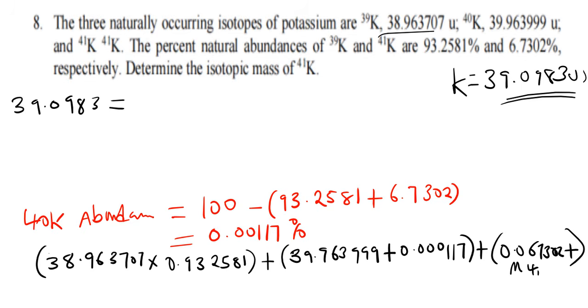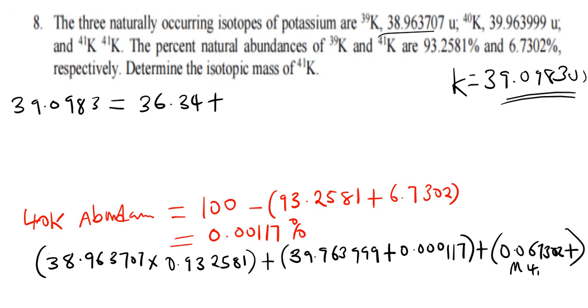Then what do we have? I'm going to multiply 38.963707 multiplied by 0.932581, and I'm getting 36.34.